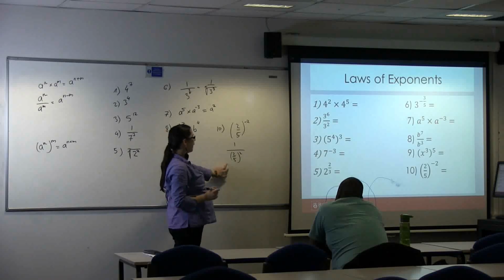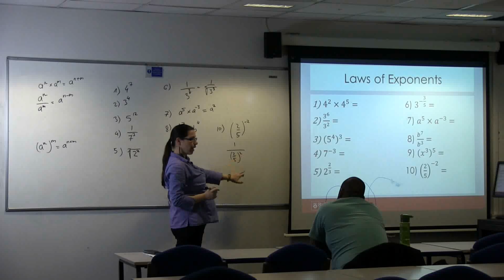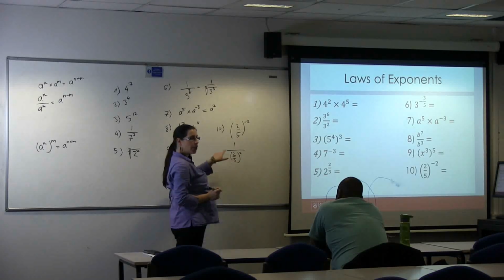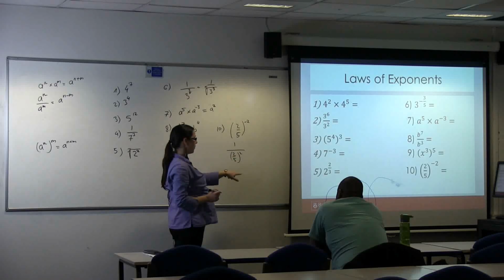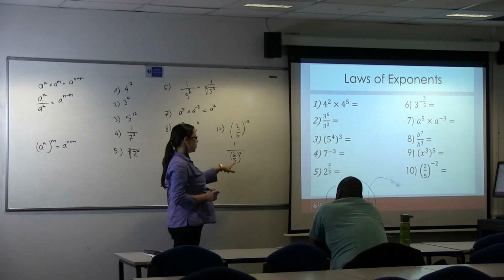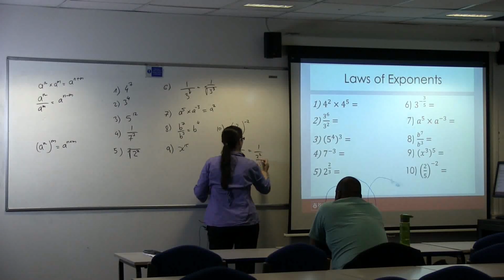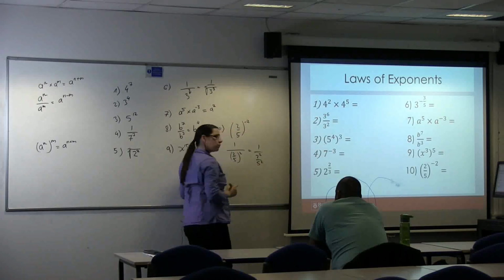Now 2 over 5 squared is 2 over 5 times 2 over 5. How do I multiply fractions together? Numerator times numerator, denominator times denominator. 2 times 2 gives me 4, and 5 times 5 gives me 25. But that's also the same as 1 over 2 squared over 5 squared.